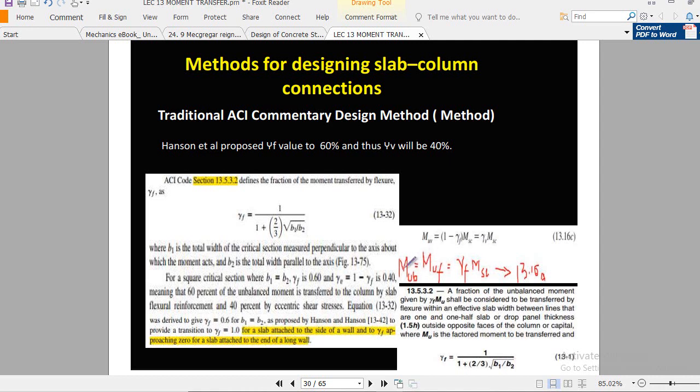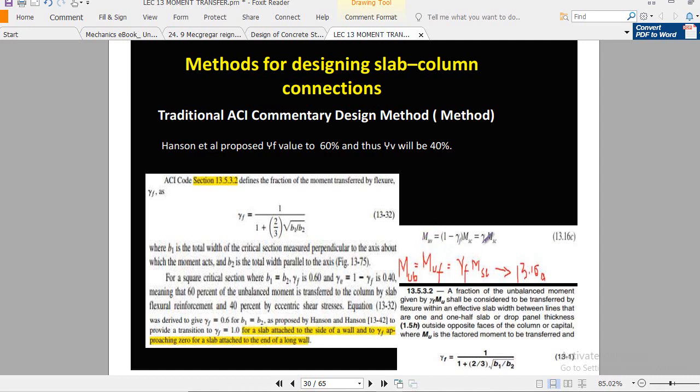So this is the moment which is directly transferred to the column from the slab through direct flexure, right? And Muv is that portion of the unbalanced moment which is transferred by eccentric shear. Remember, it is transferred to the column from the slab through eccentric shear.